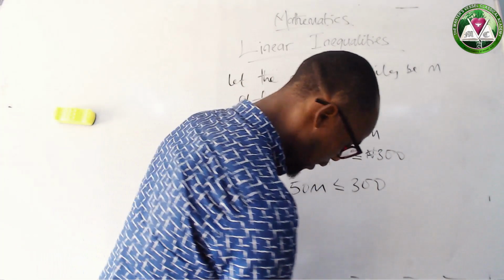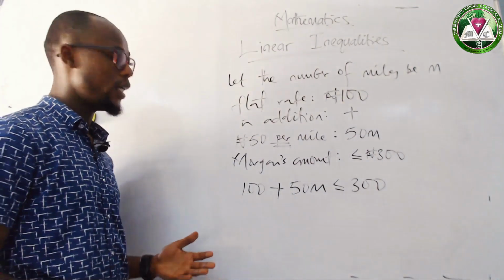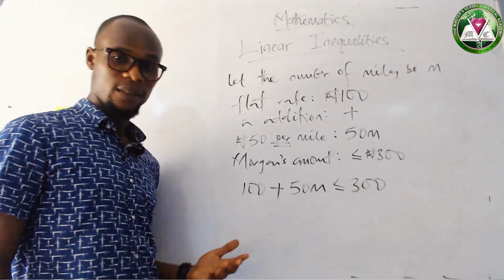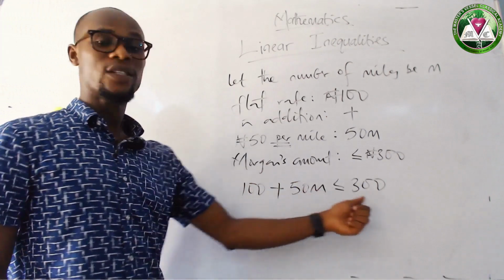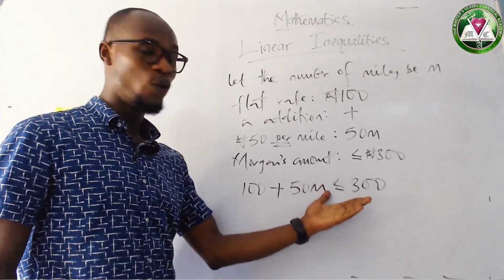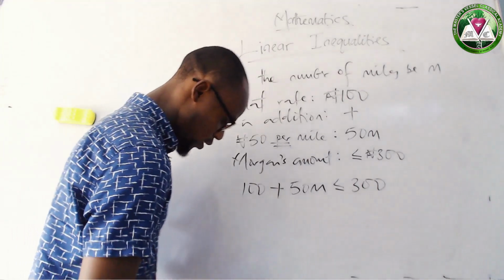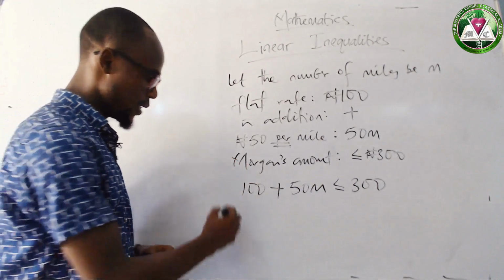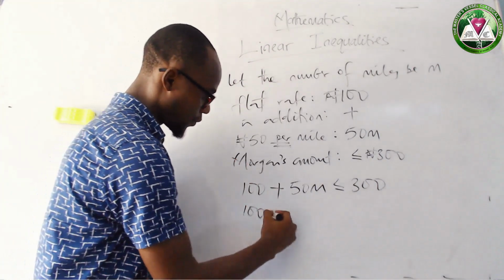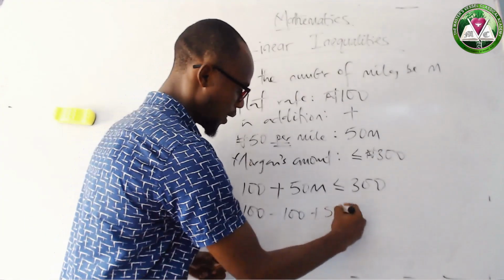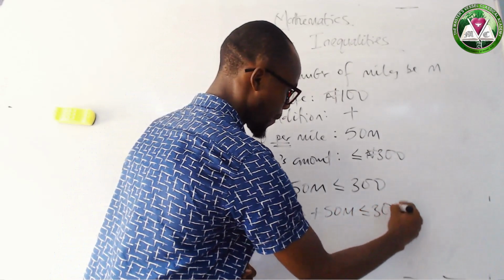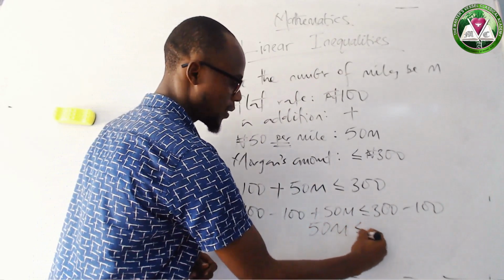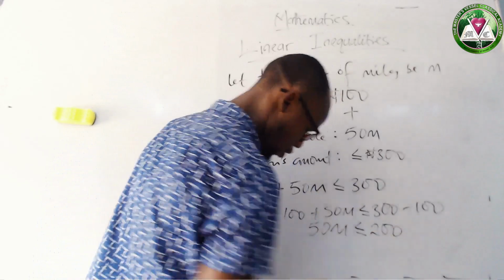After writing our inequality, the next thing to do is to solve the inequality. We need to know the number of miles that Morgan can travel based on the amount he has, which is no more than 300 naira. To solve this inequality, we are going to subtract 100 from both sides. Subtracting 100 from both sides, we have 50m is less than or equal to 200.